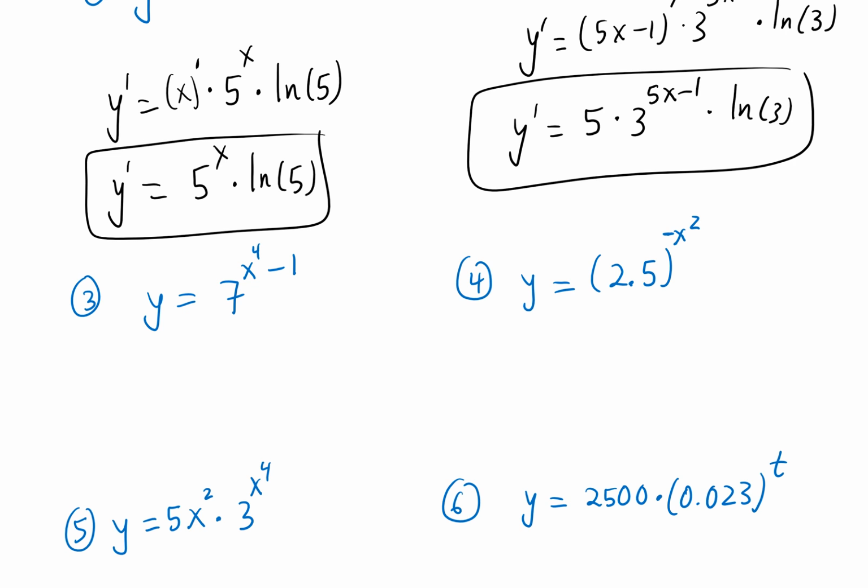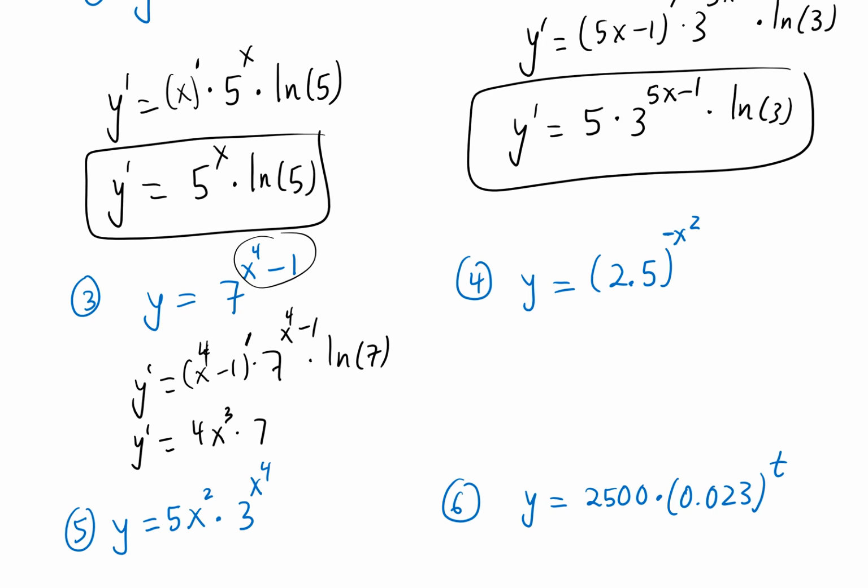Answers. So for the first one, y prime is the derivative of this times itself times ln of 7. So y prime is the derivative of this, 4x cubed, times itself times natural log of the base.